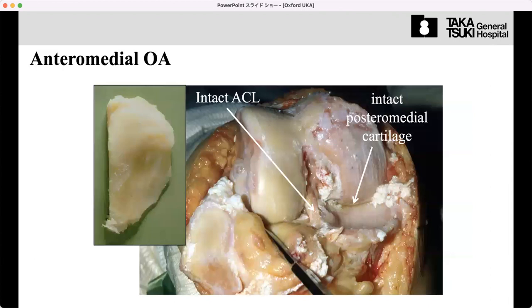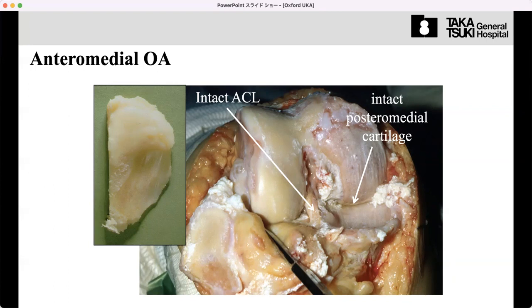So this is the best indication for UKA. It is called anteromedial osteoarthritis. That means ACL-intact osteoarthritis. In this situation, cartilage and bone wear is located only in the anterior part of the tibial plateau, and the cartilage of the posterior part of the tibial plateau remains normal.